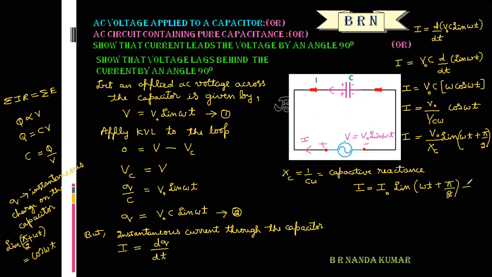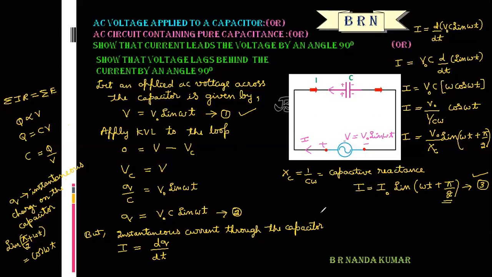Call this equation number 3. Now comparing the two equations 1 and 3, it clearly shows that the current leads the voltage by an angle pi by 2 radian.